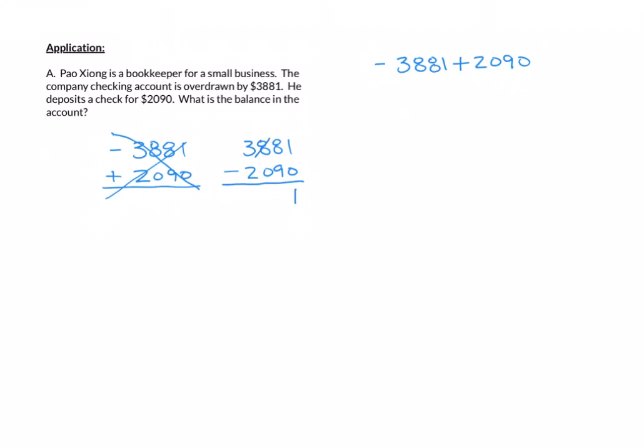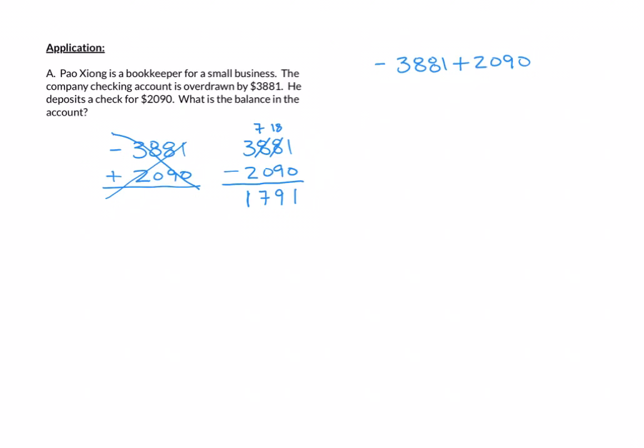I have to borrow. So I'm going to make the 8 a 7. And I'm going to make the second 8 an 18. 18 minus 9 is 9. 7 minus 0 is 7. And 3 minus 2 is 1. This is my scratch work.